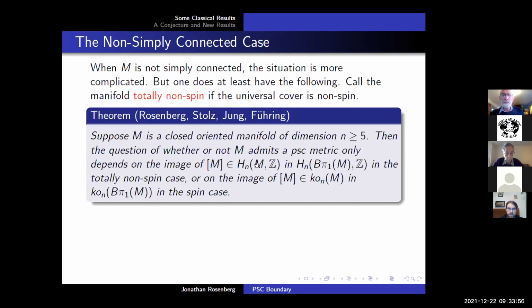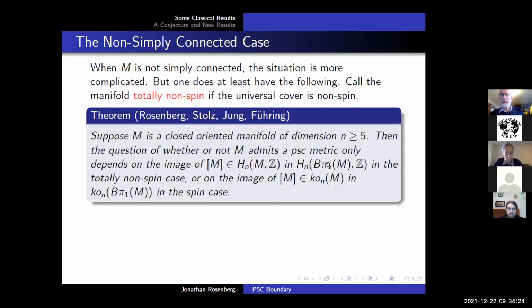And push it forward from M into the classifying space of the fundamental group, because there's always a map from M to the classifying space of the fundamental group which is an isomorphism on pi1. So the question of whether or not M admits a positive scalar curvature metric only depends on what you get over there.